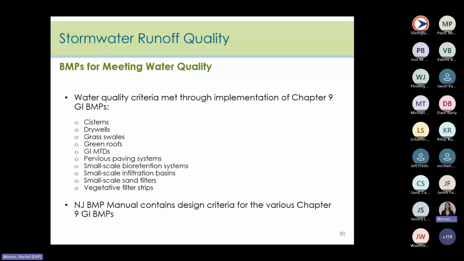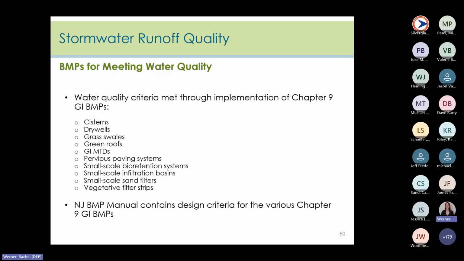So listed here are the various BMPs in Chapter 9 of the BMP manual that can be used to provide quality control. Please note that all of these BMPs are considered GI, which is a requirement to meet the quality control standard. Additionally, Chapters 10 and 11 BMPs, which are not listed here, cannot be used to provide quality control without a waiver or variance because they are large-scale and/or non-GI.